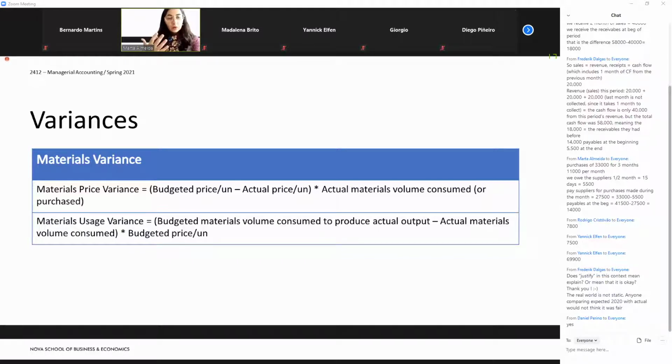To calculate the usage or efficiency variance, it is the quantity of materials from the flexible budget, the material volume consumed to produce the actual output, minus the actual material volume consumed, times the budgeted price. Okay, this is how we calculate the usage variance.